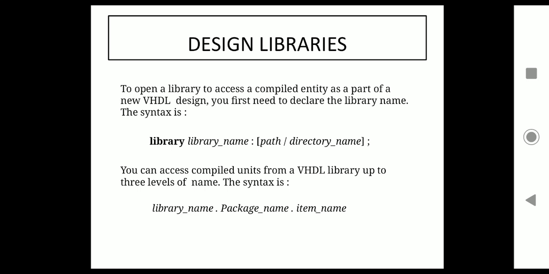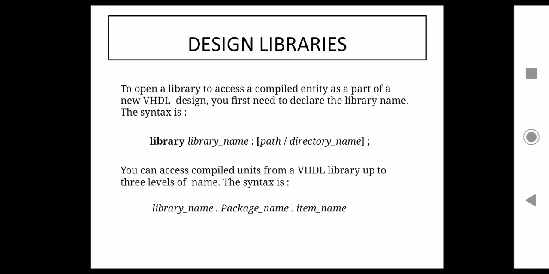This is the point you can remember forever. So what is the syntax for library? First the keyword library, then you define the library name, then the path or directory name, and that ends with a semicolon. That semicolon indicates the end of the statement, as I already told you.